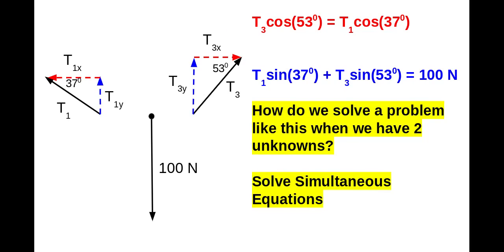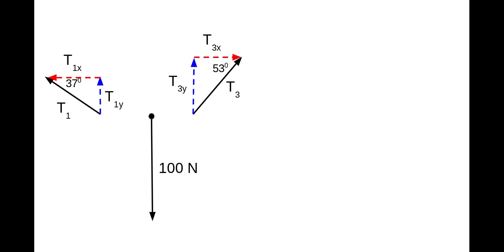There's a technique called solving simultaneous equations, and that's what we're going to apply to this situation in order to solve it. Anytime you're faced with a situation where you have two unknowns, you have to apply this technique of solving simultaneous equations. Let me show you what that means.